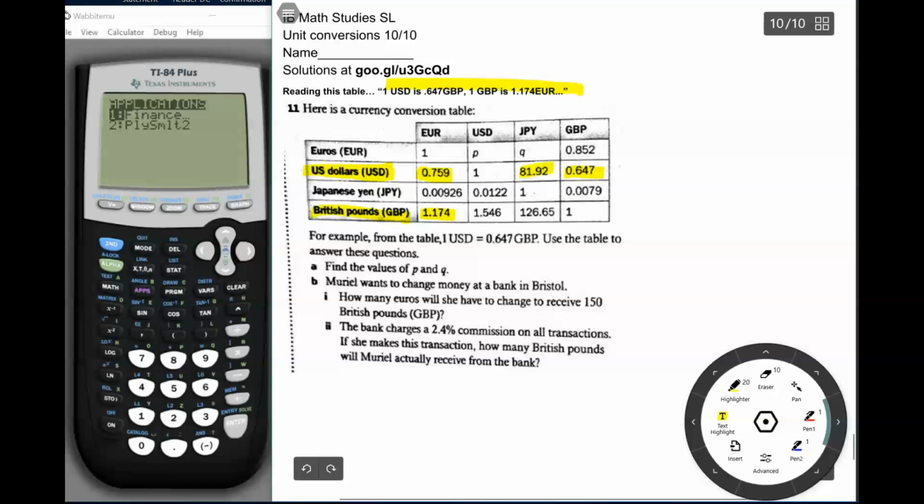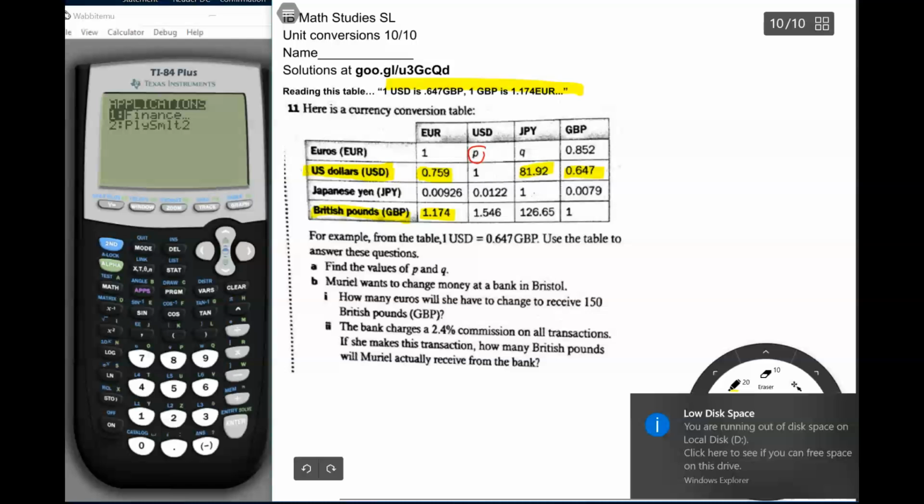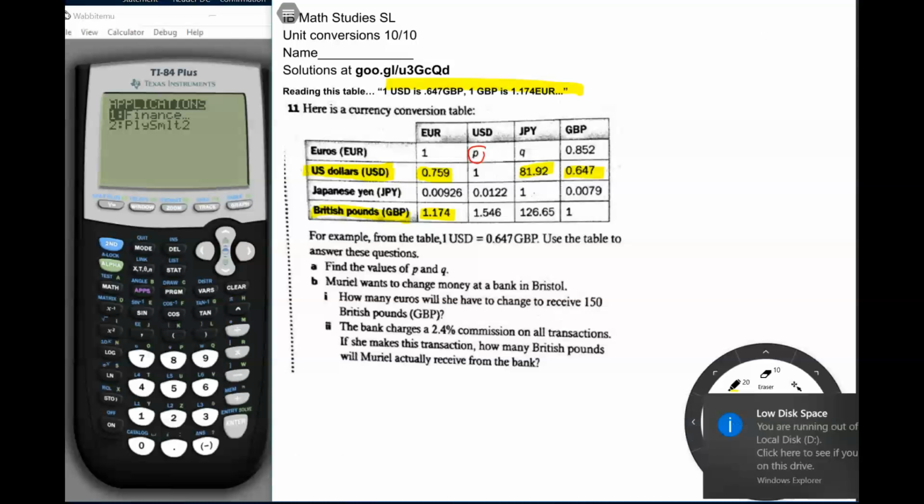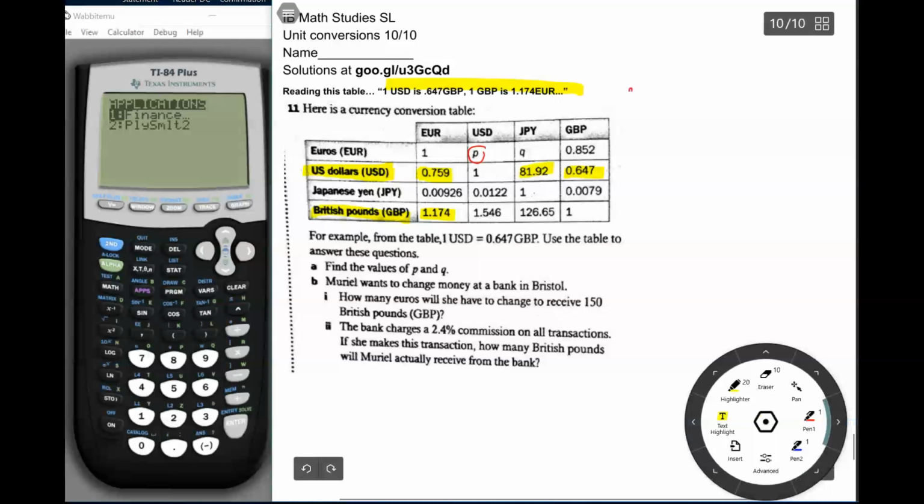Okay, so P is the value in US dollars which 1 euro is worth. So we can find P by maybe starting with 1 euro and converting that. Okay, so we have 1 euro, and we're going to convert that with P and get a number of US dollars.